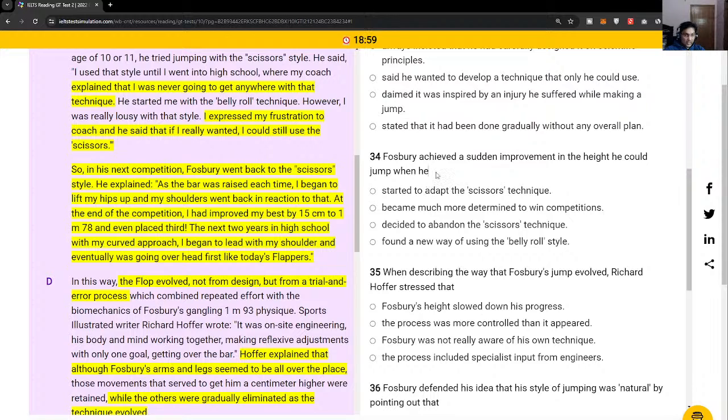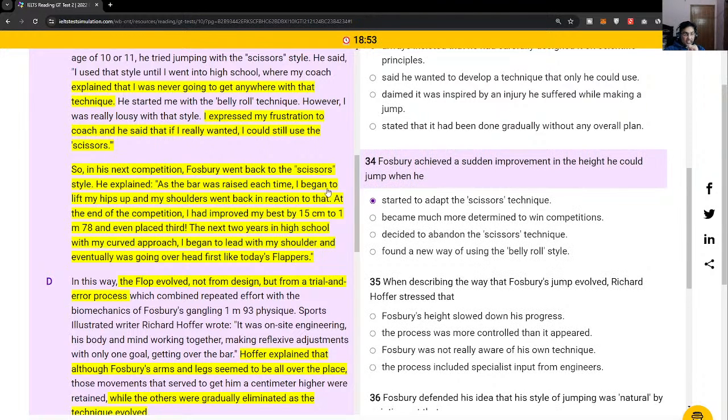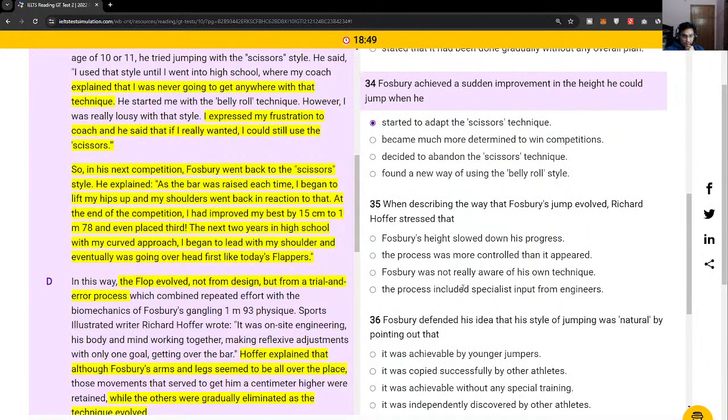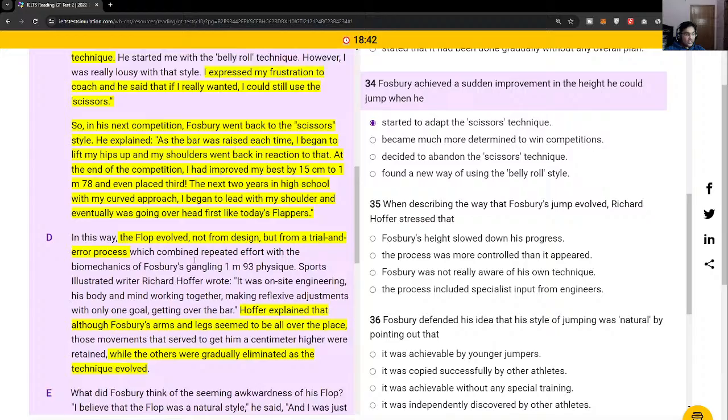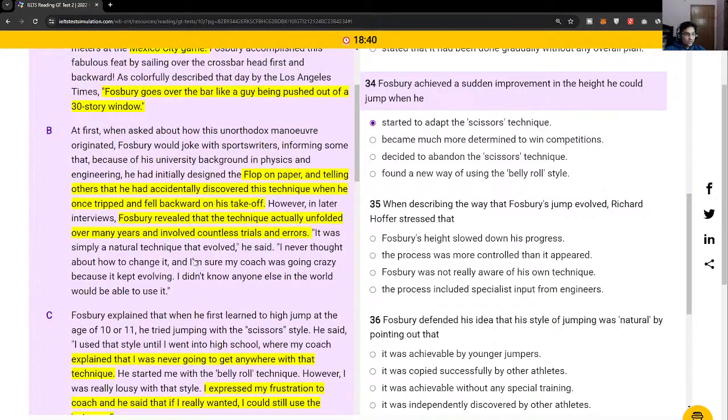Alright, and the answer for 34, he started adapting. When describing the way that Fosbury's jump evolved, Richard Hoffer stressed that Fosbury's height slowed down his progress.